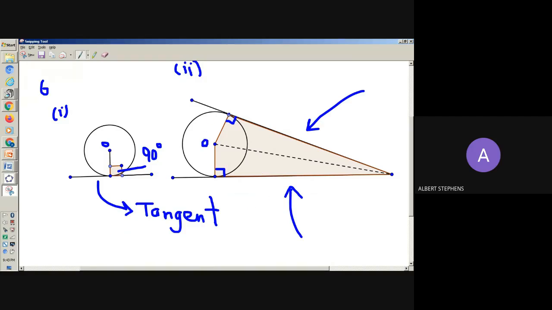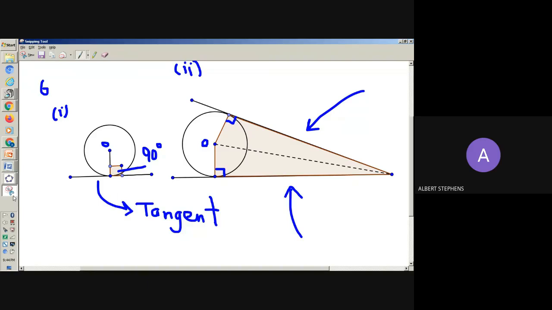Class, would you agree with me that I have two right angle triangles? Wouldn't that be a right angle triangle? And then over here we have another one. So we have two right angle triangles.